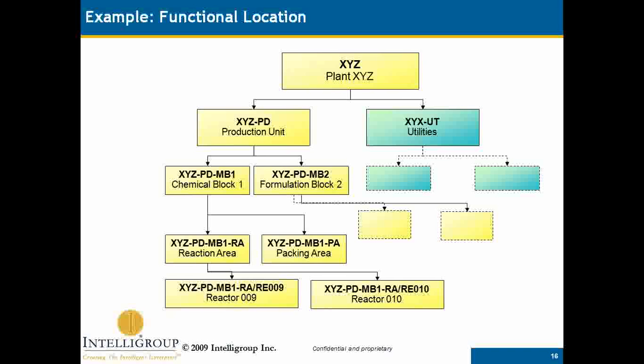So finally, at the lowest level, the reactor area: XYZ denotes your plant, PD denotes your production unit, MB1 denotes your chemical block, RA denotes your reaction area, and RE009 is your reactor 9. Each and every node is a functional location. Right?